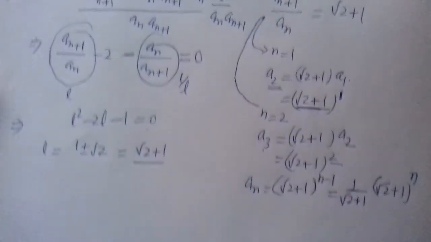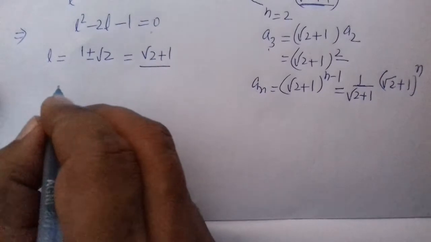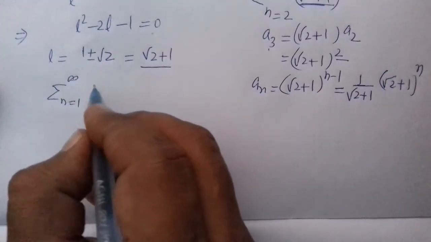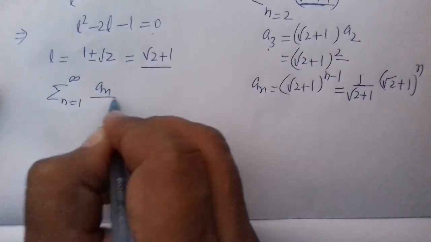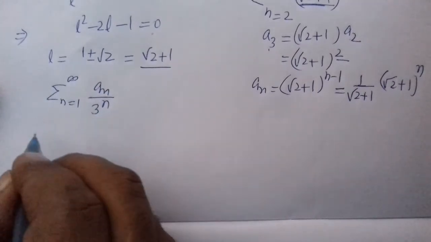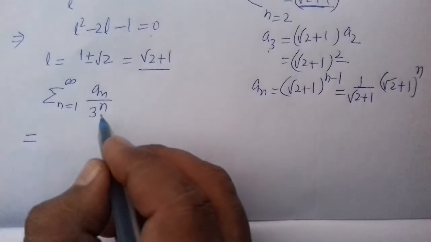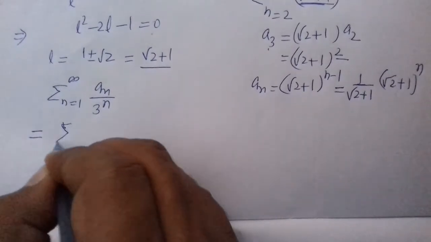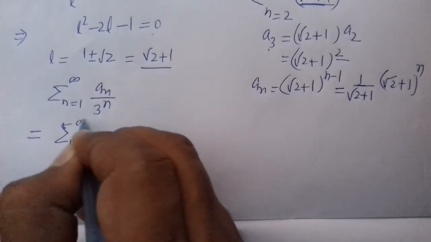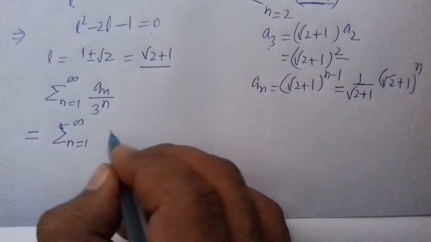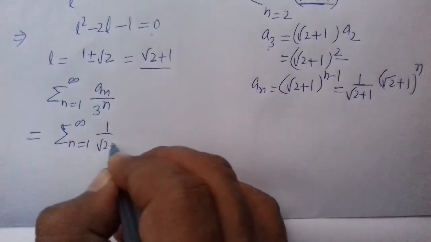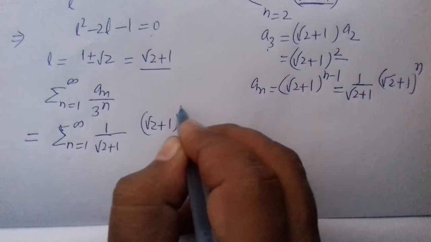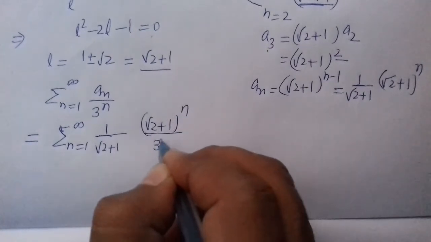Now according to the question, we have to find the sum of the values of this series a_n by 3^n. Now in extended form, we can place the value of a_n from here. a_n is 1 by root 2 plus 1, and here will be (root 2 plus 1) to the power n by 3 to the power n.